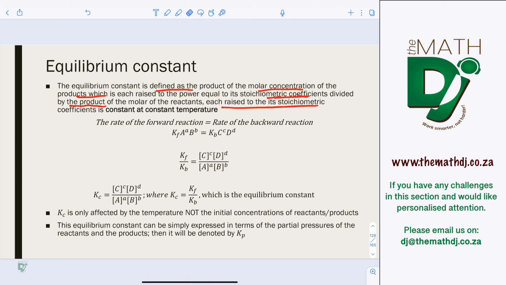So basically, this is at constant pressure. The rate of forward reaction is equal to the rate of backward reaction. At this point, we know that a balance, or chemical equilibrium, has been reached.